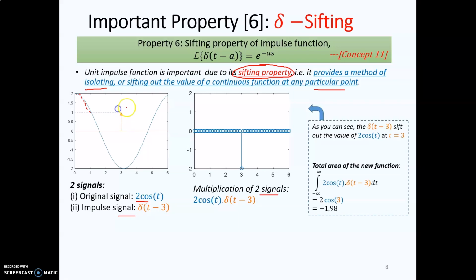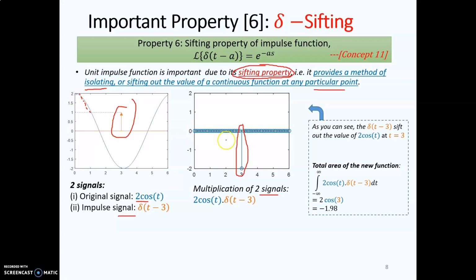How can we use the impulse function to shift out the value at any point of the cos t function? If you multiply it with the cos function, you will find that 1 multiplied with -2, the magnitude here will remain. And the other part you will get 0, because you have 0 multiplied with the 2 cos t function.